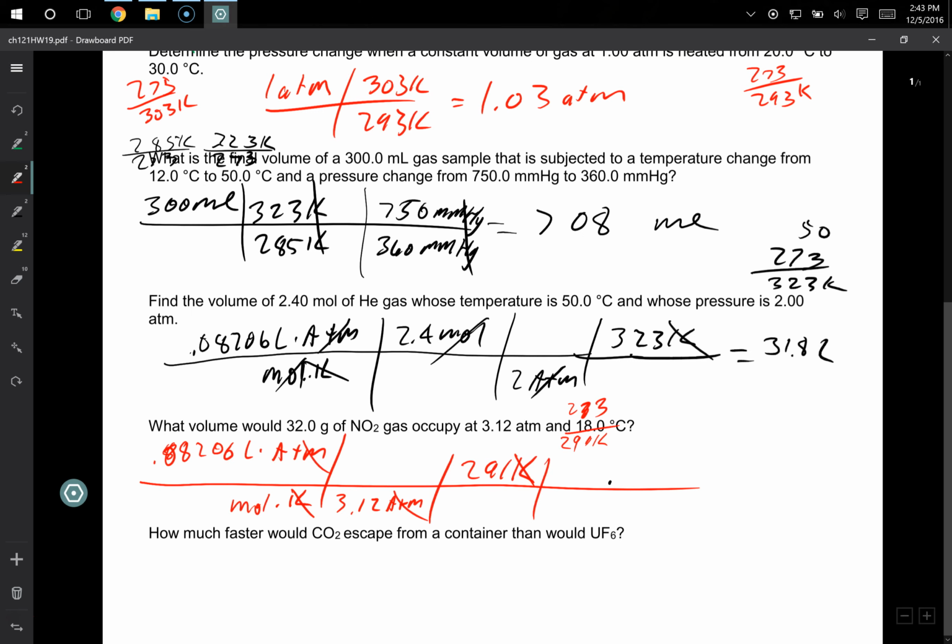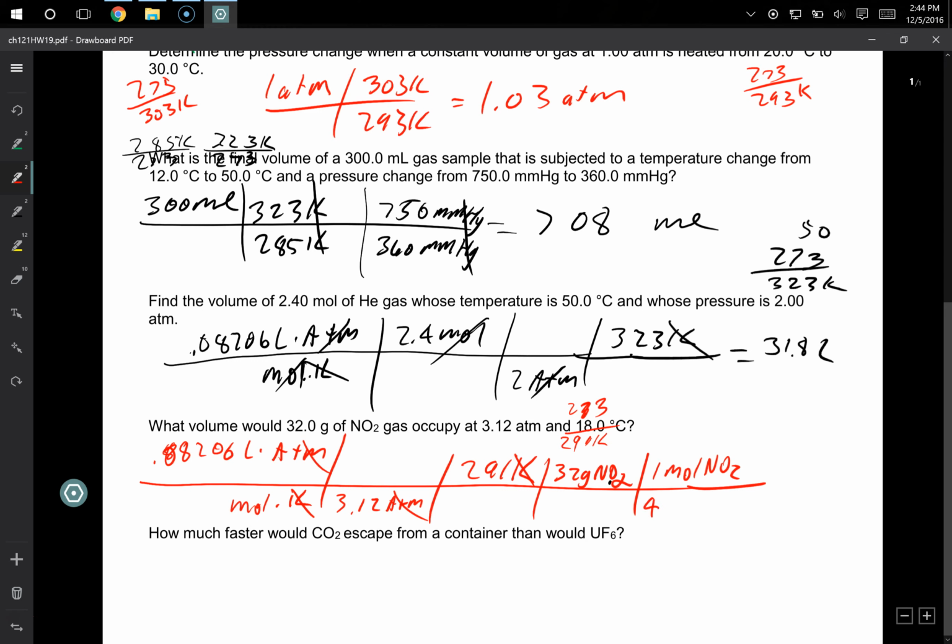I don't have any moles up here, but I do have a gram number, and I can go from grams to moles. So I'm just going to write 32 grams of NO2 right here. And then I can write 1 mole NO2. And then, what is it? 14.007 plus 15.9994 times 2.